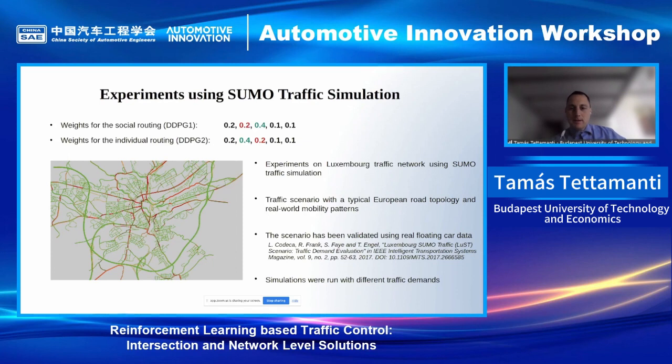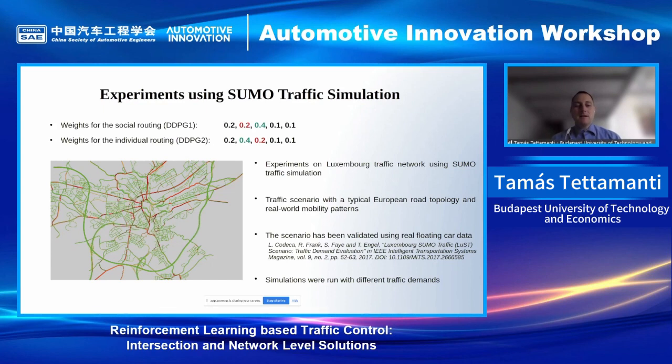We did experiments on a well-tuned network, which is available freely. Fortunately, this is a Luxembourg traffic network, which was validated based on several thousands of floating car data. And this is a typical European road topology with traffic lights, with freeways, with highways, with secondary roads, with residential zones.